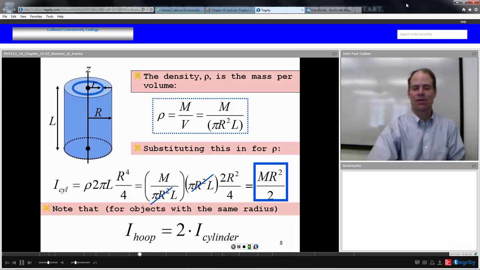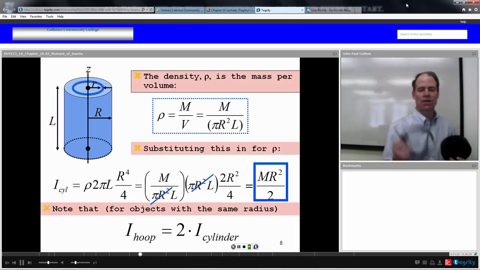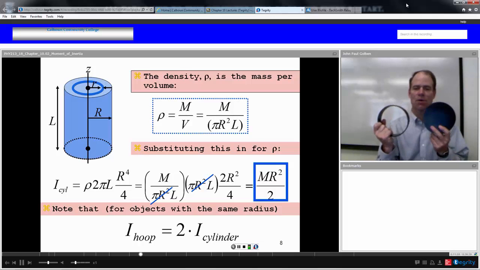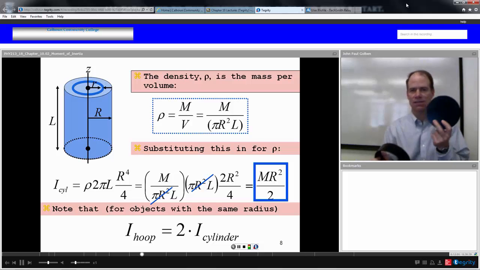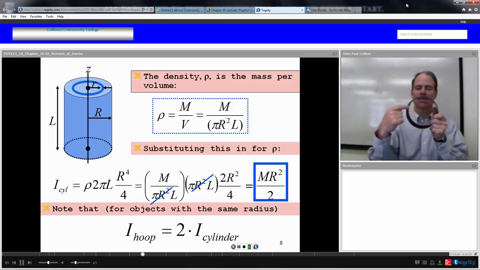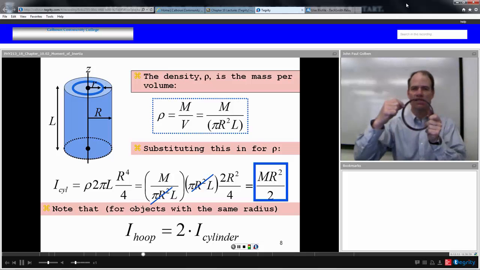So, the moment of inertia of a hoop is twice the moment of inertia of a cylinder of the same size and mass. This has twice the moment of inertia than this. Why is that? Well, all of the mass of the hoop is way out here at a radius r, so it is mr squared.